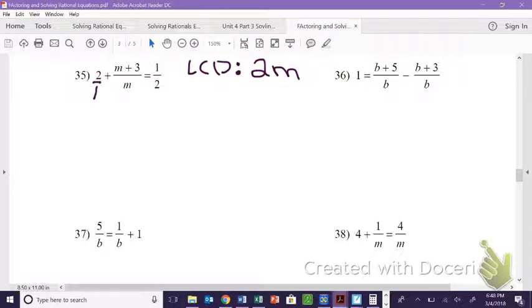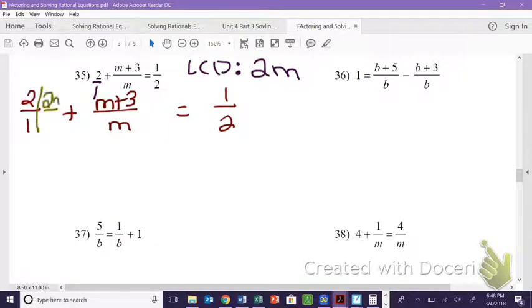So, like I have been doing, I'm going to rewrite it. And I'm going to have 2 over 1 plus m plus 3 over m equals 1/2. How do I get this stuff to match? Here we go. The first one, we need to multiply by 2m on both.